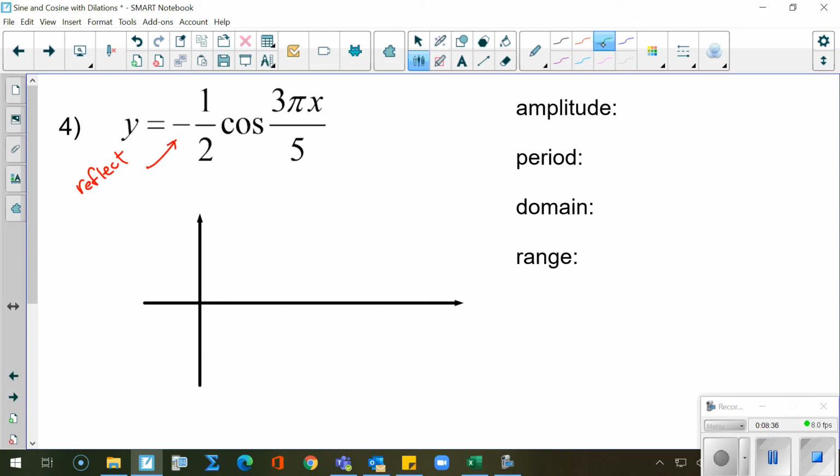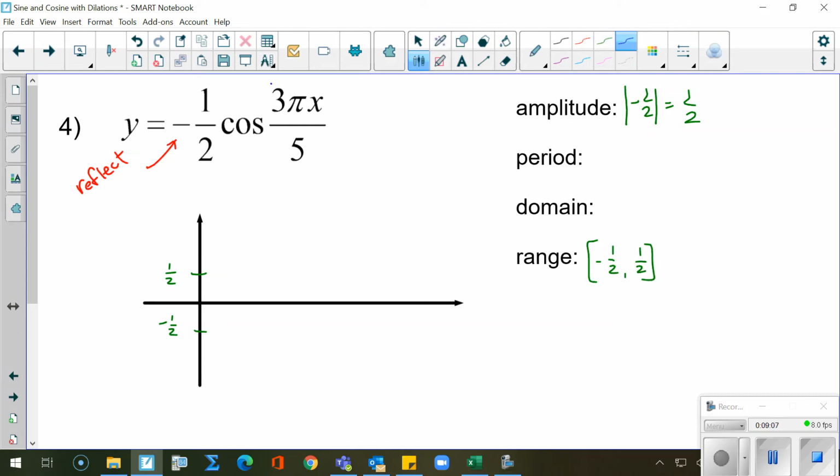Amplitude is absolute value of the coefficient. And my graph is going to be a little shorter. You can scale it however you want, but it means the graph is half the distance from the horizontal axis as parent function. And our range will go from -1/2 to 1/2.